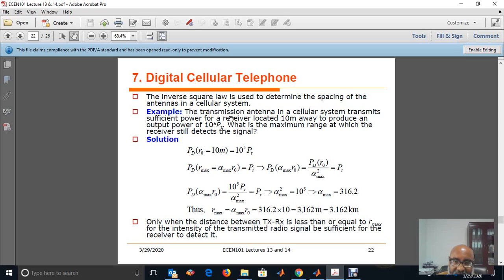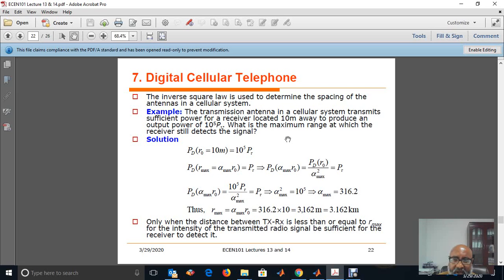Okay, let's say the transmitting antenna in a cellular system transmits sufficient power to a receiver located 10 meters away, and it produces 10 to the power of 5 times P tau, the threshold power. So that means 100,000 times the threshold power.